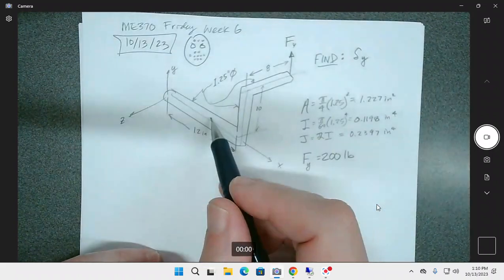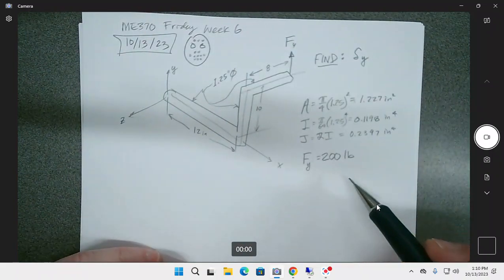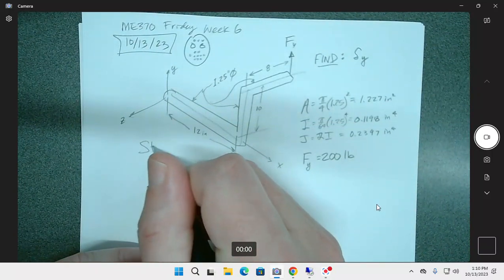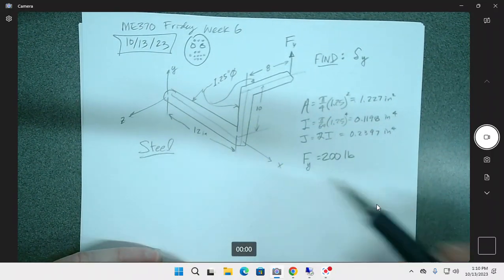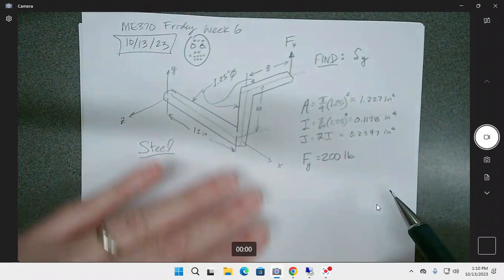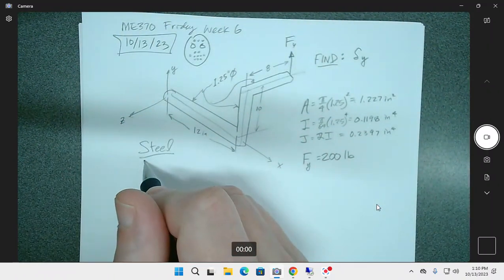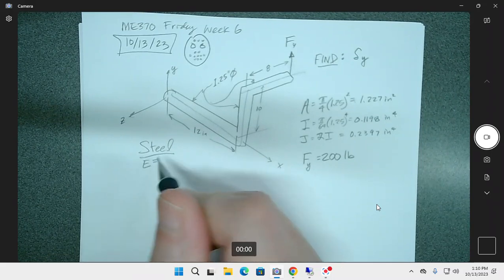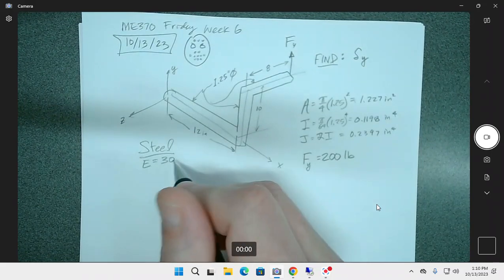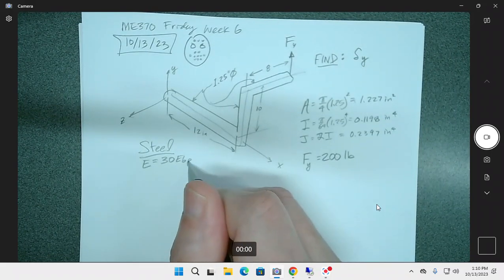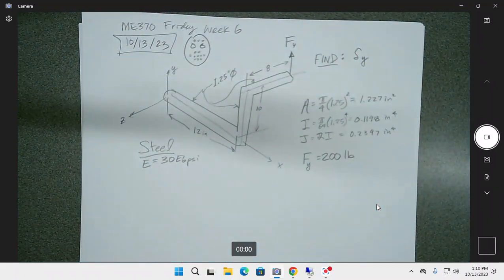And we're picking steel. Interesting what aluminum would do, but steel, we're gonna try that. So E is equal to 30E6 psi.